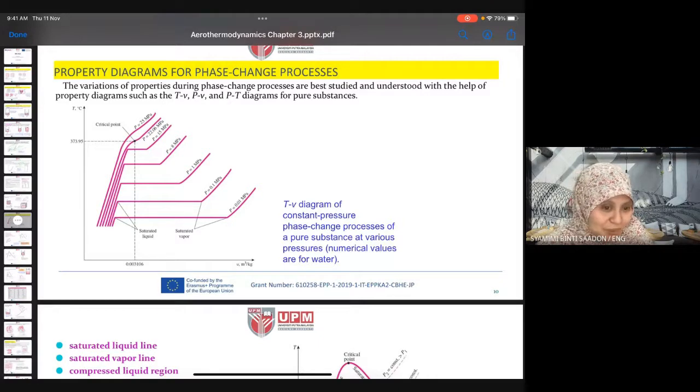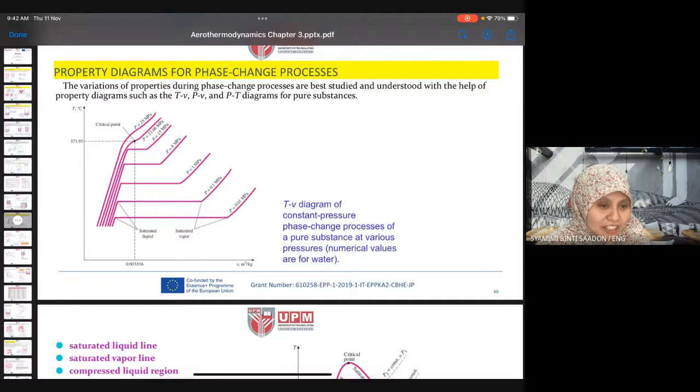Just now we saw pressures of 1 megapascal, 1 atmosphere, 10 atmospheres. Those are the pink lines, the isobar lines. Along that line, the pressure is assumed to be constant for an isobar.